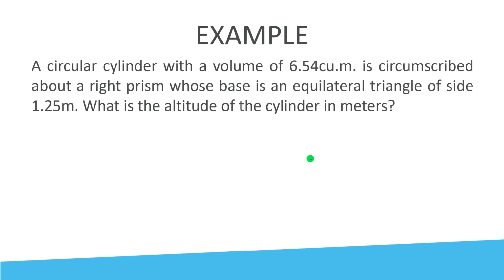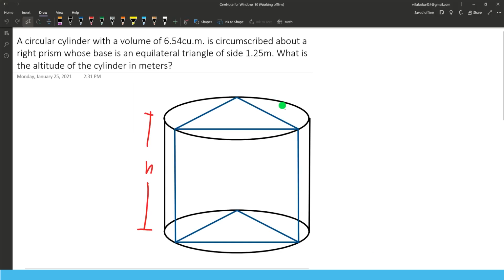A circular cylinder with a volume of 6.54 cubic meters is circumscribed about a right prism whose base is an equilateral triangle of side 1.25 meters. What is the altitude of the cylinder in meters? So let's draw that. Here's the figure: we have a circular cylinder circumscribed about a right prism, so a triangular prism inside a cylinder.